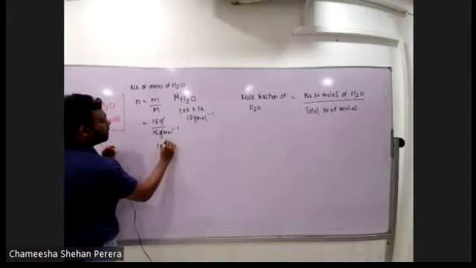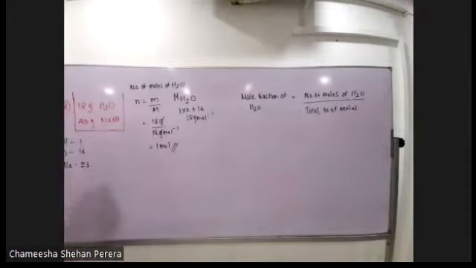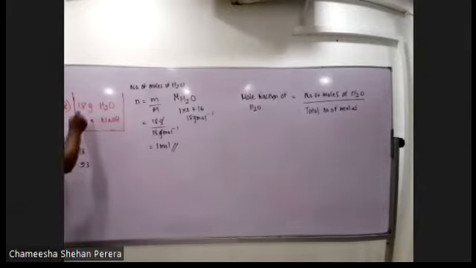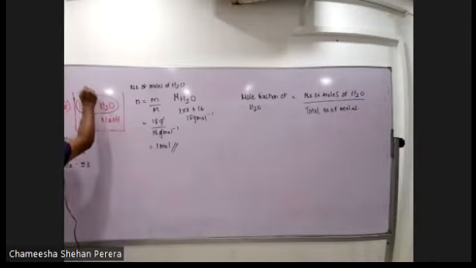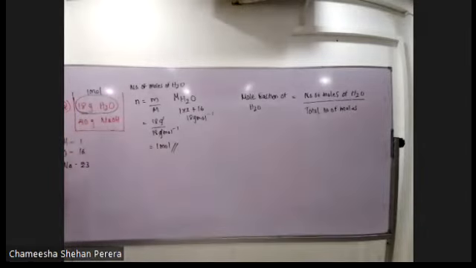So there is only 1 mole of water in 18 grams. When you added 18 grams of water into the mixture, you added 1 mole of water.